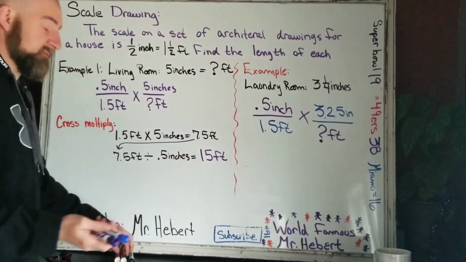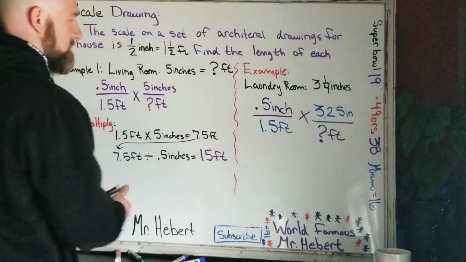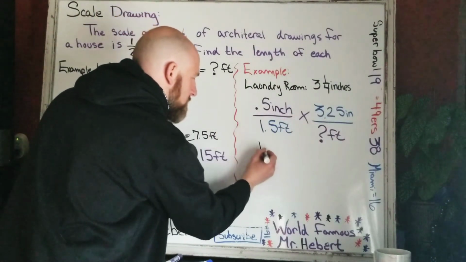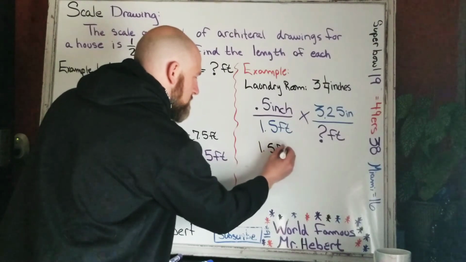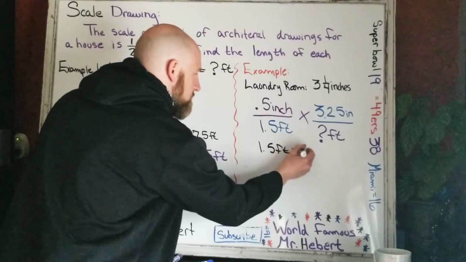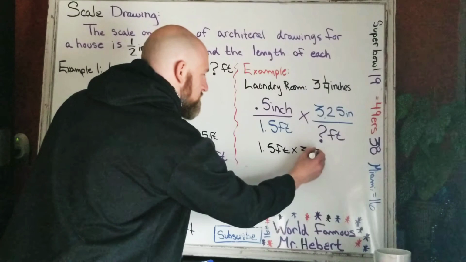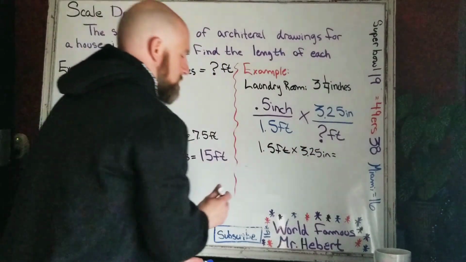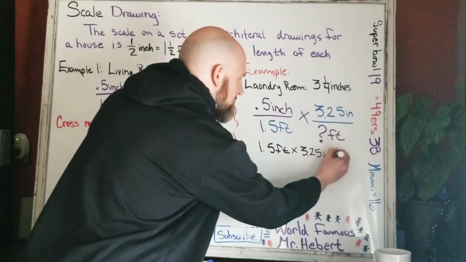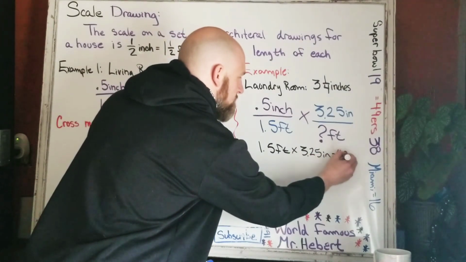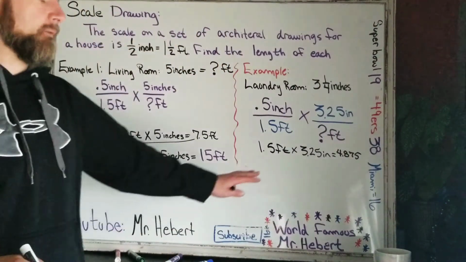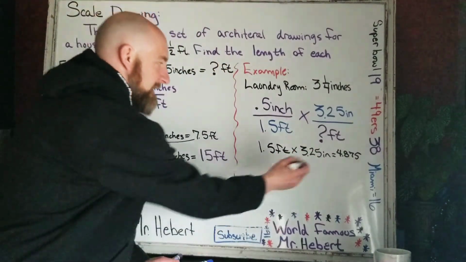So now we're going to cross multiply and divide. We're going to take 1.5 times 3.25. So 1.5 feet times 3.25 inches, and that equals 4.875. All right, so now we're going to take that number, the 4.875.